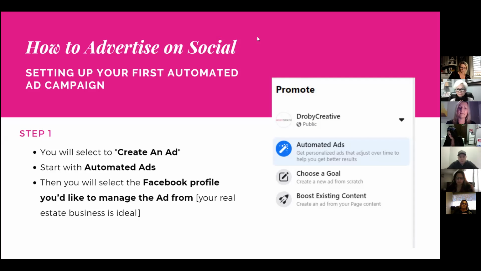The reason I bring that up, make sure you select the proper profile, is because some people may be running several different businesses. You want to make sure that your ads are associated to the right accounts for accounting purposes, most likely, and that the right budgets are coming out of the right accounts.